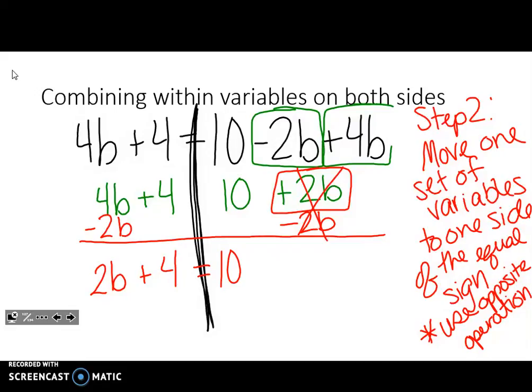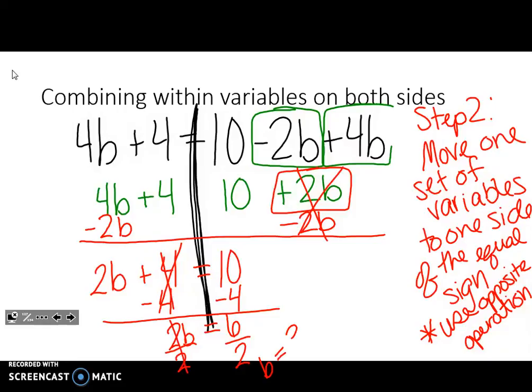Now it's a two-step equation. We should know how to solve these. So I'm going to subtract the 4 to the other side. I get 2b equals 6. I divide the 2 away from the b. So I get b equals 3.